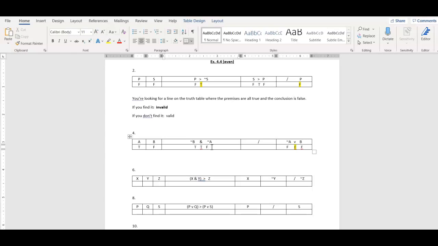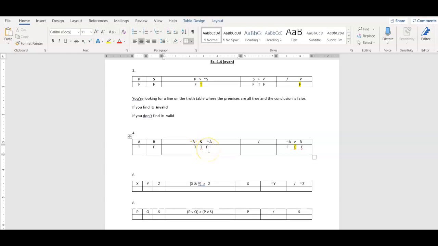But now you can see we're in a bit of trouble here, right? Because we need the premise to come out true and the conclusion to come out false to prove that it's invalid. But the only way to make the conclusion false is with these values. A is true, B is false. But those same values guarantee that the premise is going to come out as false too.